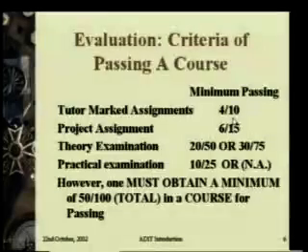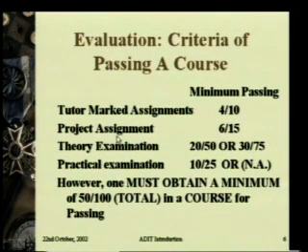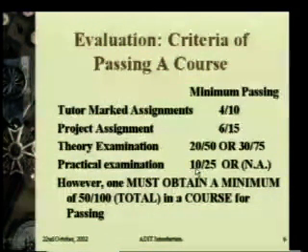So, if you want to complete a course, then you need to get 4 marks out of 10 in the tutor marked assignment, 6 out of 15 minimum in the project assignment, and a minimum of 20 marks out of 50 in theory examination, or if it is of 75 marks, then 30 marks, and in the practical examination you need to obtain 10 marks.